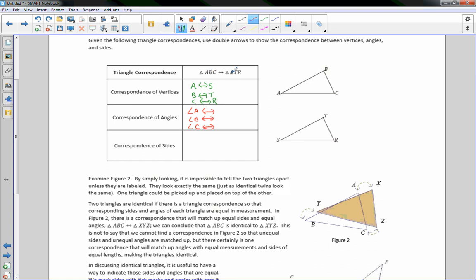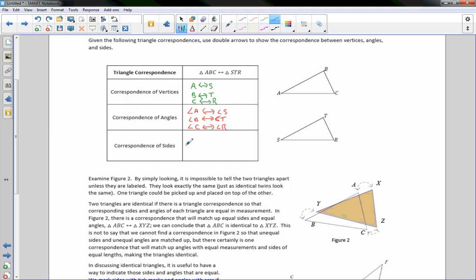Angle A corresponds to angle S. So the vertices and the angles are the same, but we just have to put the angles in. Okay, so angle S, angle T, and angle R.